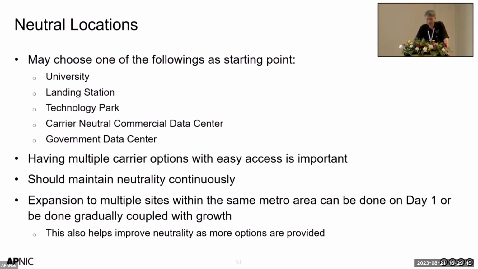But one important part is that for these locations, there should be multiple carrier options. People can have choices. They can choose different carriers to lease maybe fibers or circuits to connect to the exchange from other sites. That would be highly recommended.